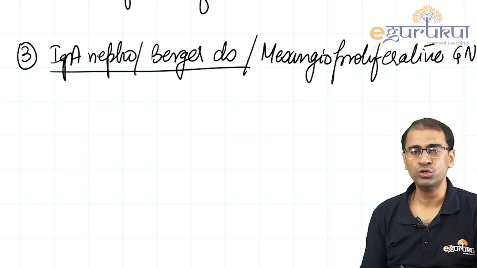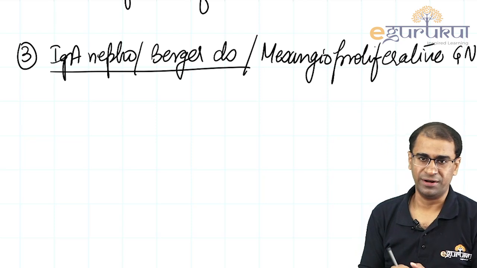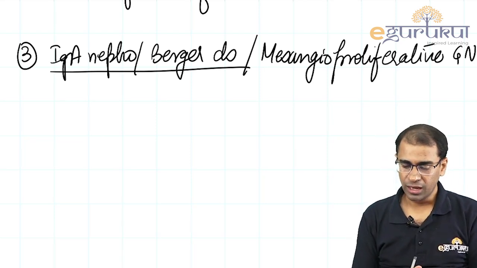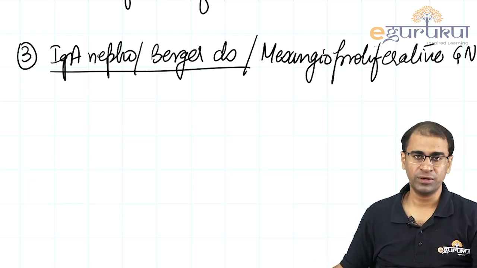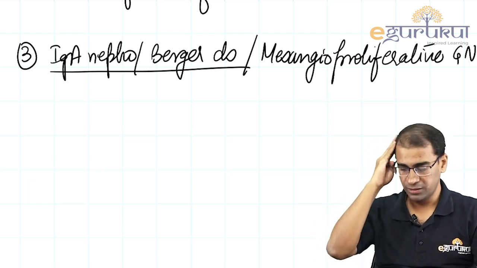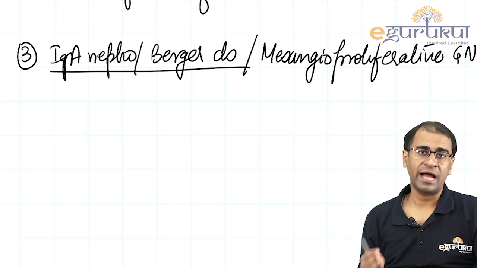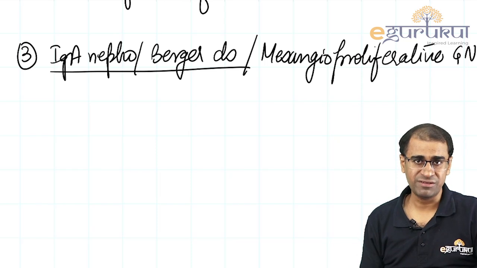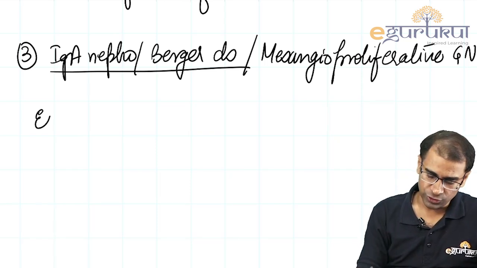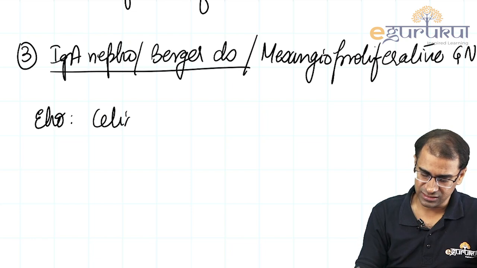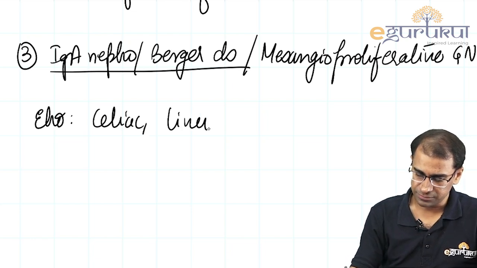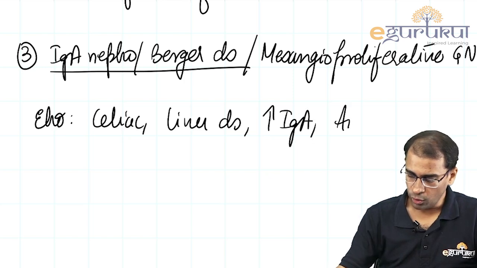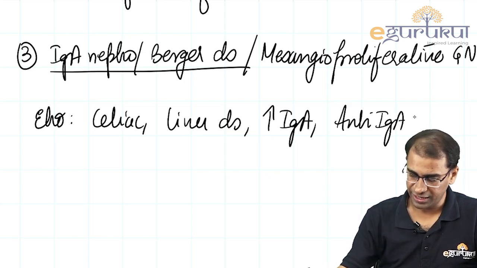Now, what exactly is IgA nephropathy? This is due to anti-IgA antibody or an increase in IgA due to celiac disease or severe liver disease. So etiology-wise, it can be celiac disease, liver disease, an increase in IgA due to any cause, or anti-IgA antibody.